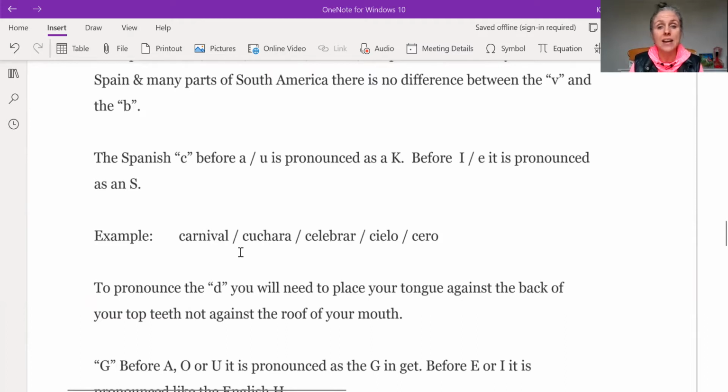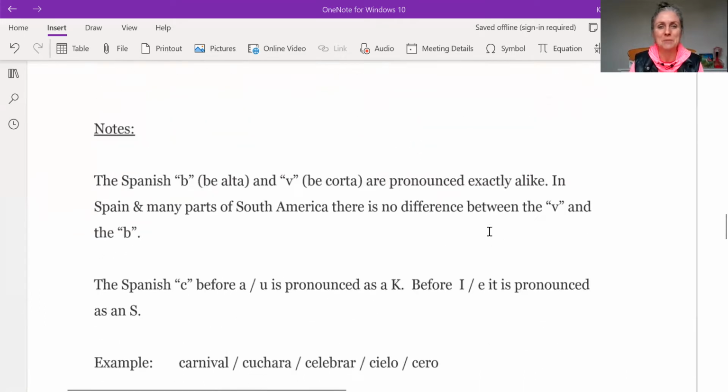But before an I or an E, it's a softer S sound, as in celebrar, cielo, cero. It's important to learn that. A lot of students always say to me that they're not sure whether it should be a C or a K. And just learn this simple rule and you'll have no problem with that at all.